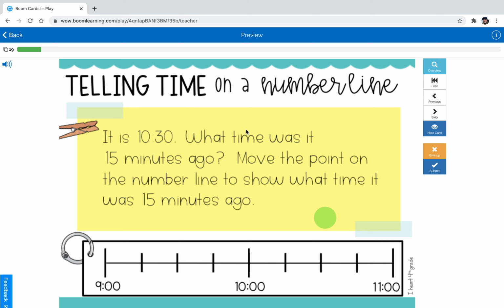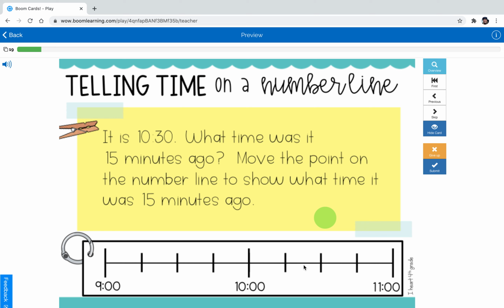Okay, I'm going to skip some of these to another one. Oh, no, this one's the one I wanted to do next. This one says it is 10:30. Okay, so we need to look on the number line. Where is 10:30? Here's 10 o'clock. Okay, we're skip counting by 15. So 10:15, 10:30. Okay, so this is my starting point. What time was it 15 minutes ago? That means I'm going backwards. I'm not going forwards because they want to know what it was in the past.